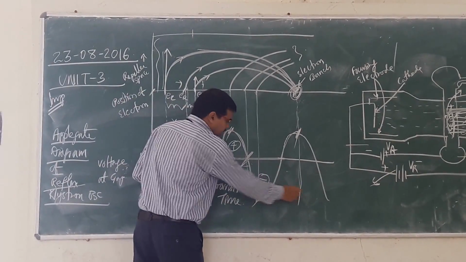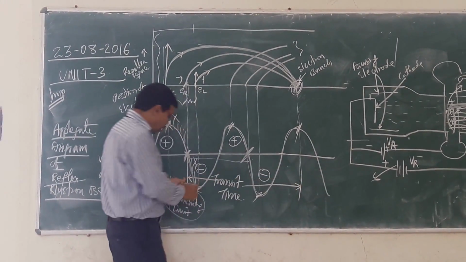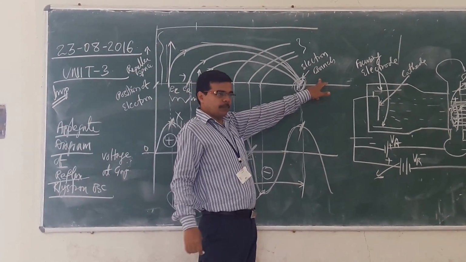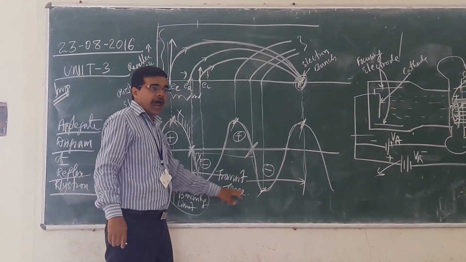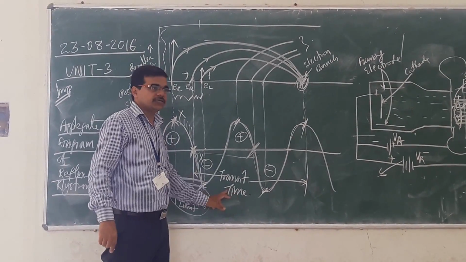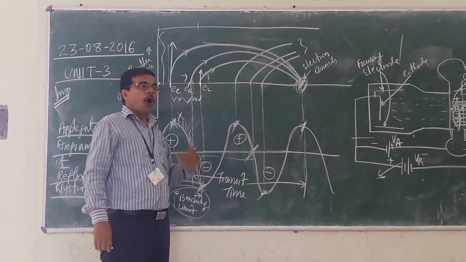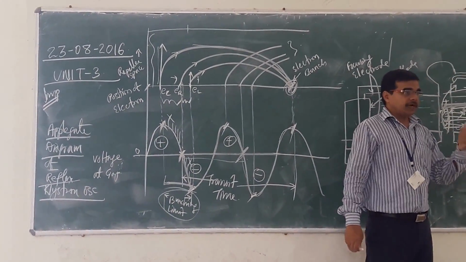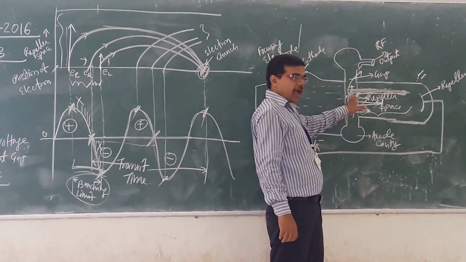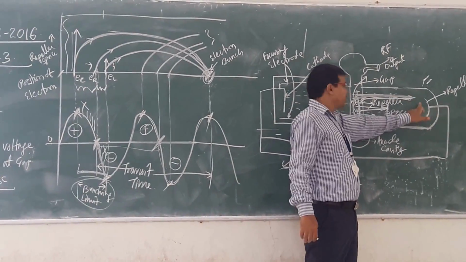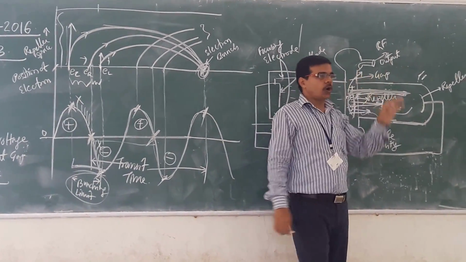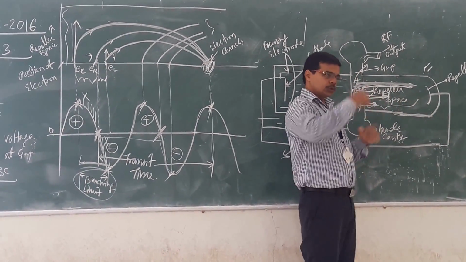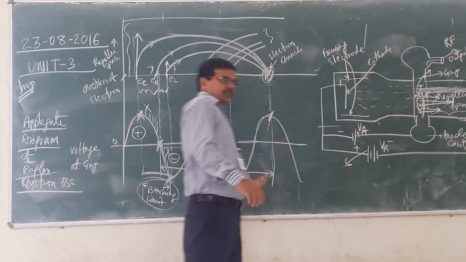So this duration from your reference electron to where you are having this bunch is called your transit time. Or we can say the time taken by the electron to move from the gap towards the repeller and back to the gap is called the transit time. Moving towards the repeller, returning back. So the total time is your transit time.